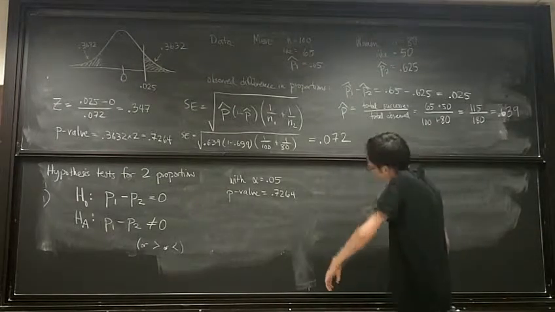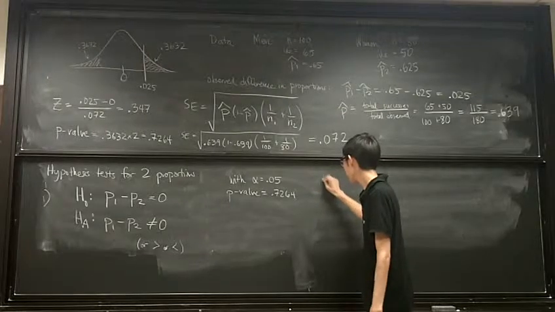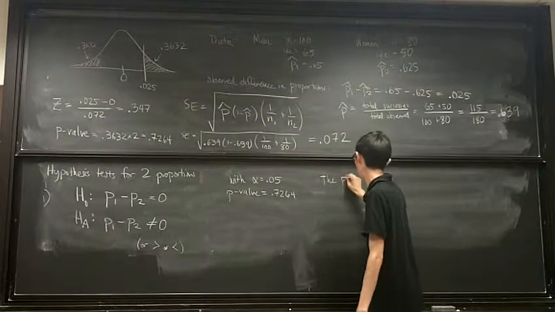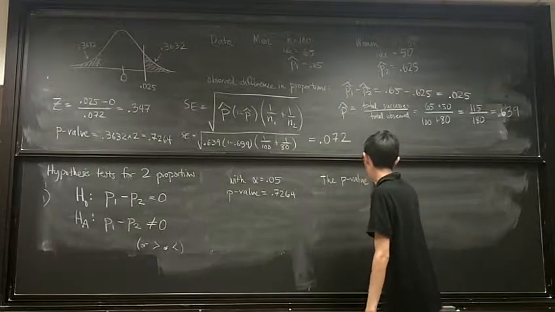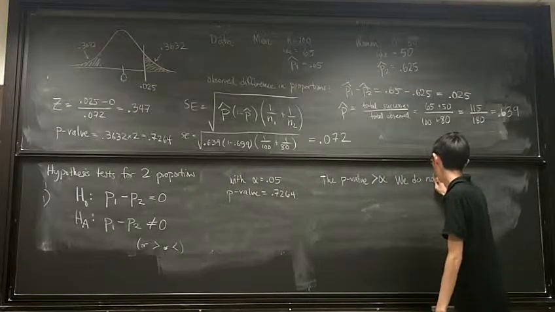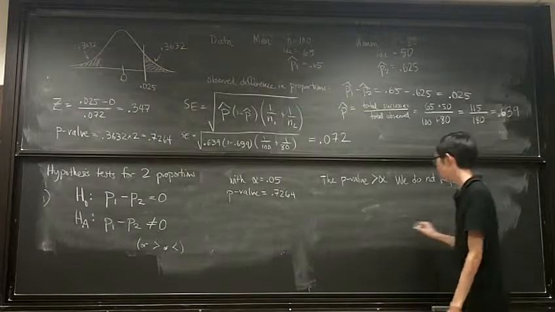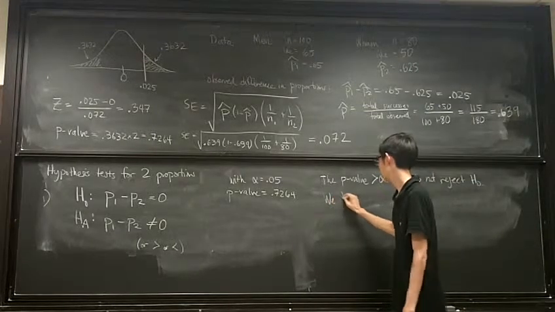Alpha equals 0.05, p-value is 0.7264. The p-value is greater than alpha. We do not reject the null hypothesis.